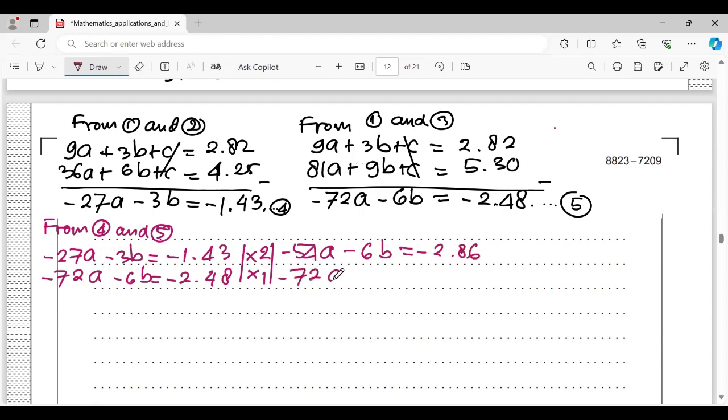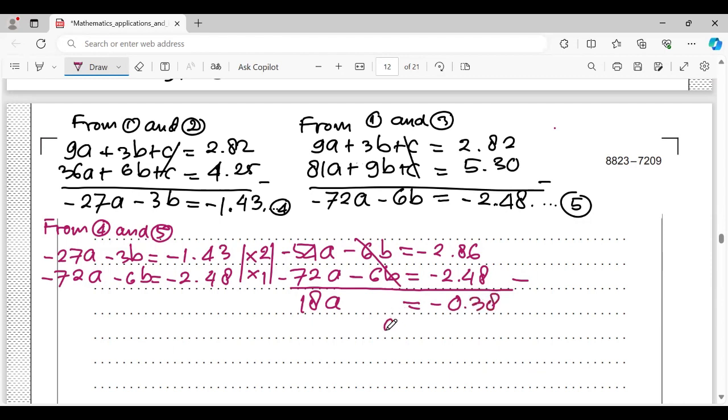Still minus 72a minus 6b equals minus 2.48. Subtracting, eliminating b, it becomes minus 54 plus 72, 18a, equals minus 0.38.